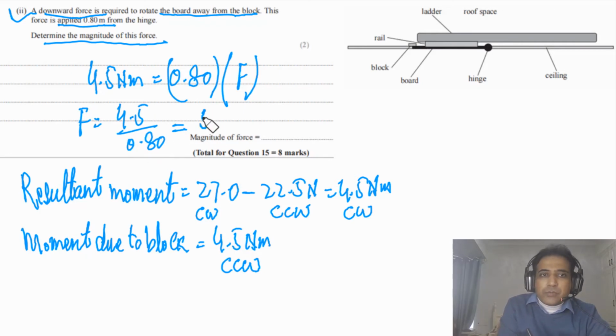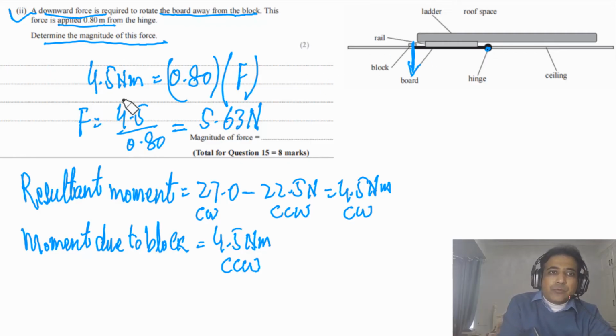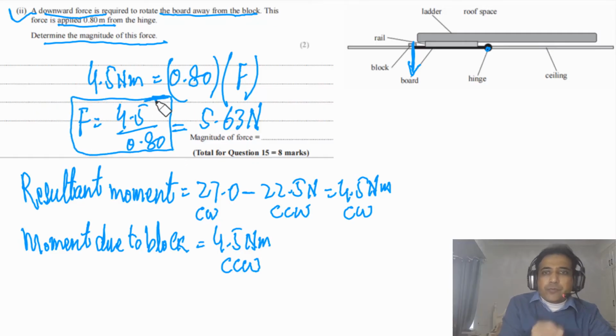If we solve this one, we will get 5.63 newtons. Here is the force, this is the hinge, and the distance we have. We also have the moment due to the force, so we can use this and find the value of the force.